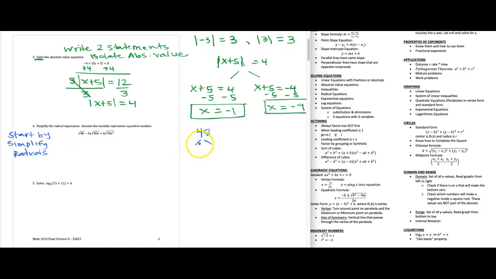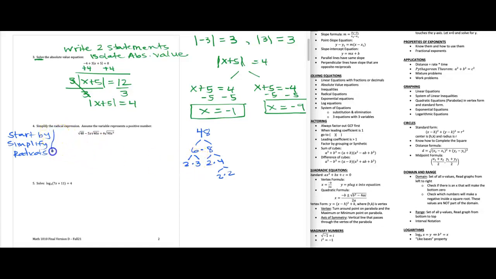But the way I like to do it is to break these down into their prime factorization. So I know 6 times 8 is 48, but 6 is not prime. It breaks down to 2 times 3, and 8 is 2 times 4, and then 4 is not prime. It breaks down to 2 times 2. Okay, so we end up here.